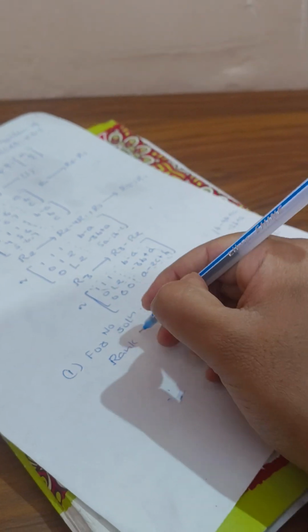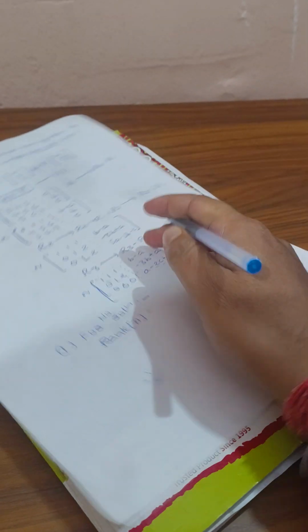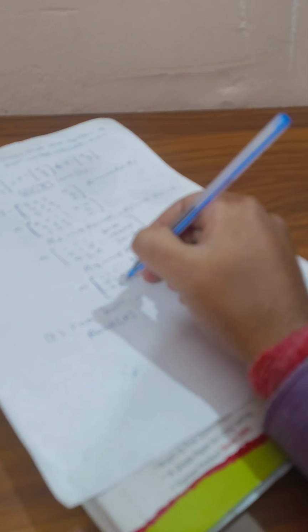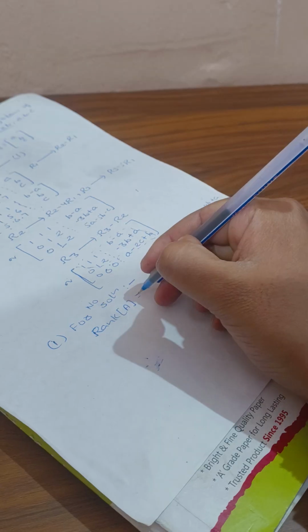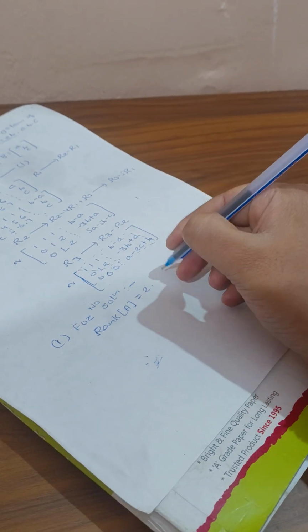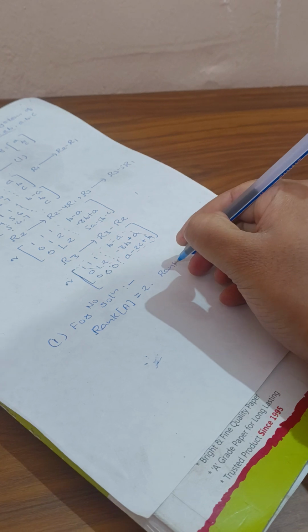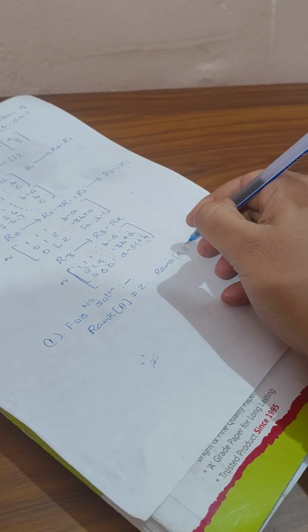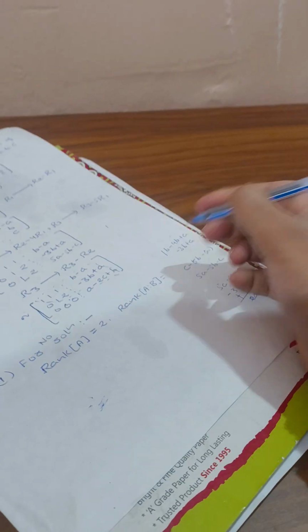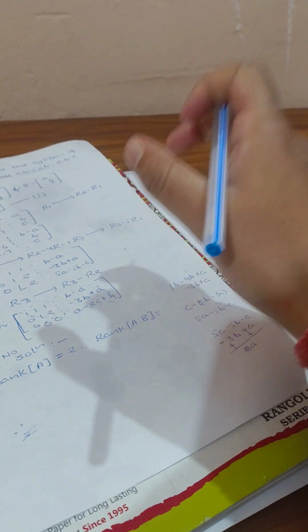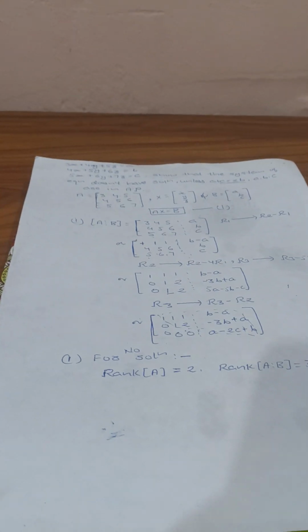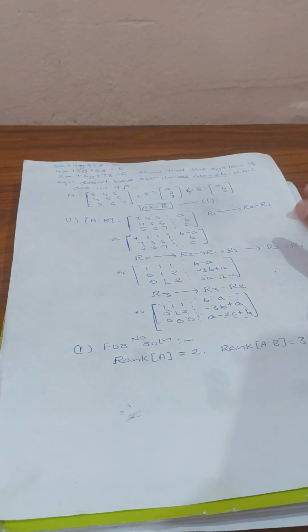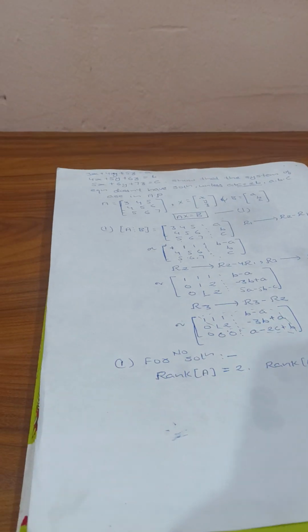So rank of A, here the leading entry in this matrix is 2, so the rank of A will also be 2, and the rank of AB, here you see that the rank of the augmented matrix AB is 3. I also shared the concept of rank of matrices in the previous module.